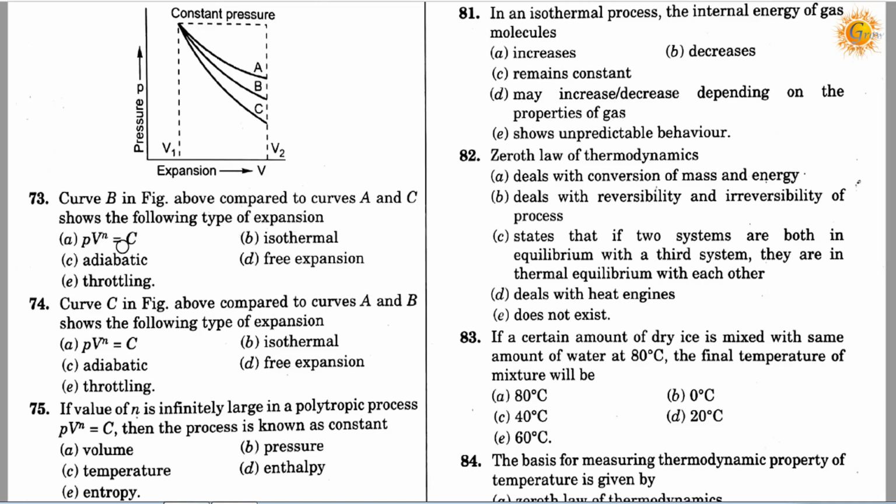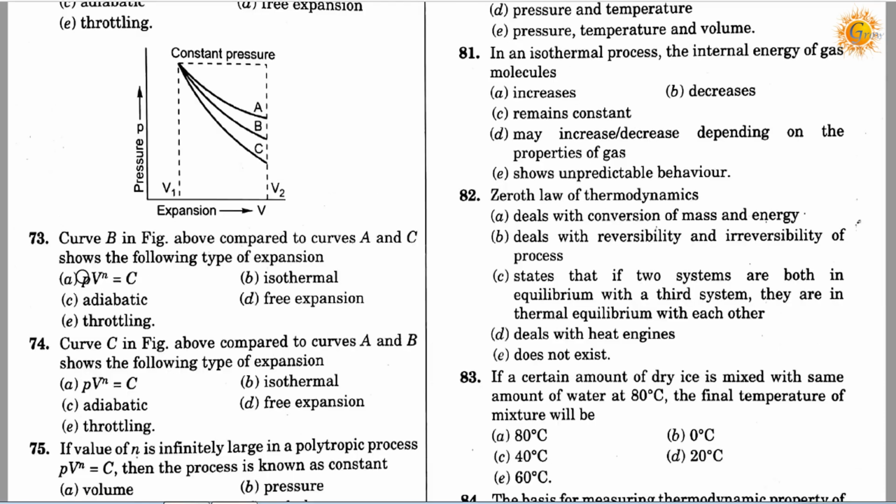Option A PV^n is equal to C, option B is isothermal, option C is adiabatic, option D is free expansion, and option E is throttling. Correct answer is A. Curve B, compared to curves A and C, shows PV^n is equal to C.